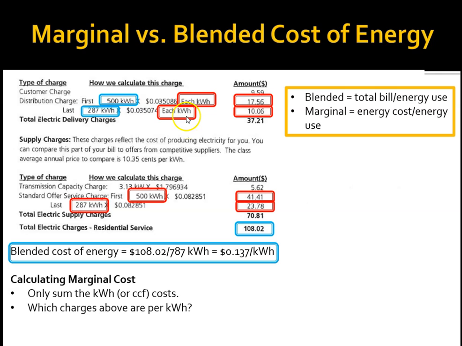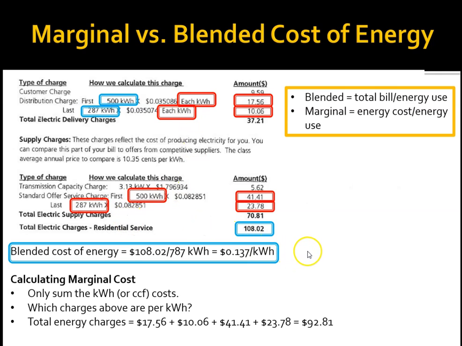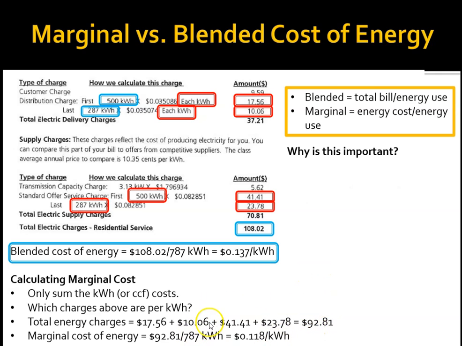So those are all kilowatt hour, kilowatt hour, kilowatt hour, and so on. Add that all up, you get $92.81. And then our marginal rate is 92.81 divided by that 787, which gives you 11.8 cents.